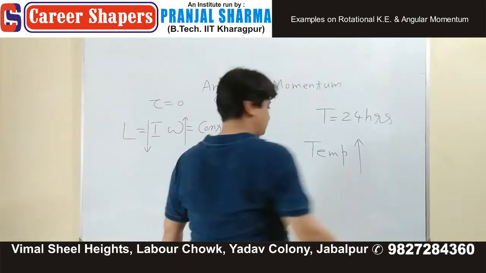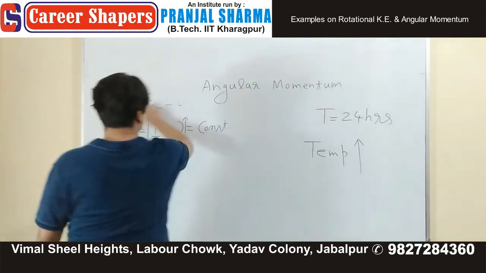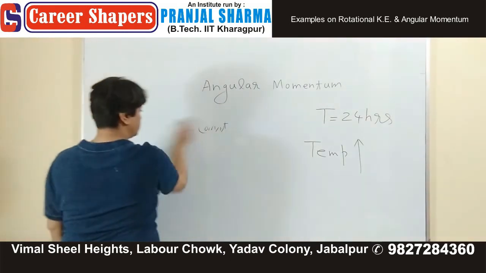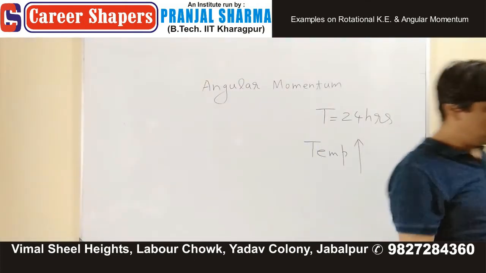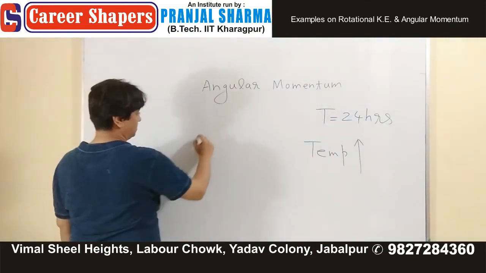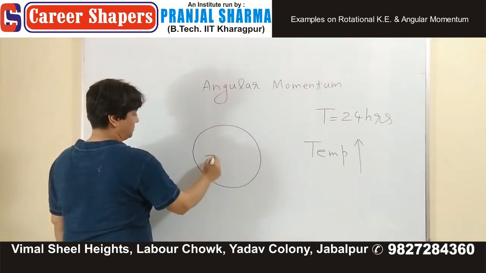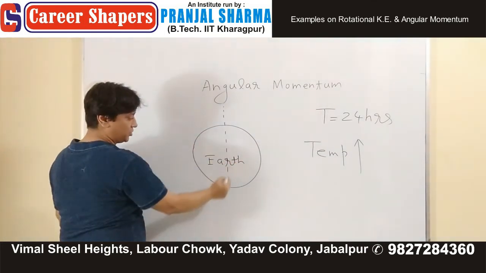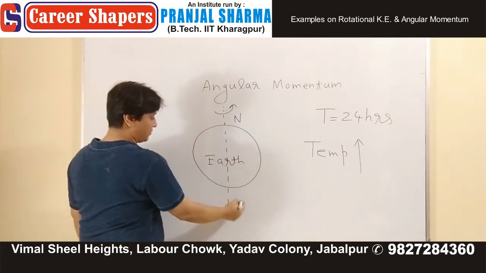Look, when you increase the temperature, what is going to happen to ice caps which are present on north and south poles? This is your Earth. And this is the axis of rotation. Earth is rotating about this axis, which passes from north and south pole.